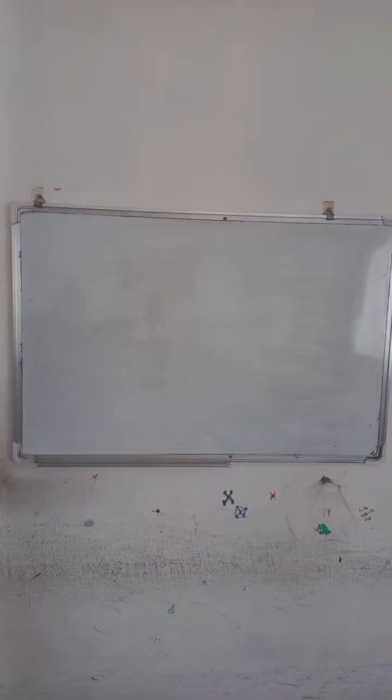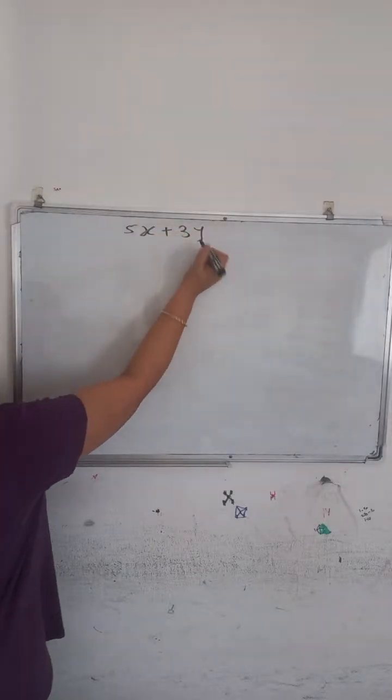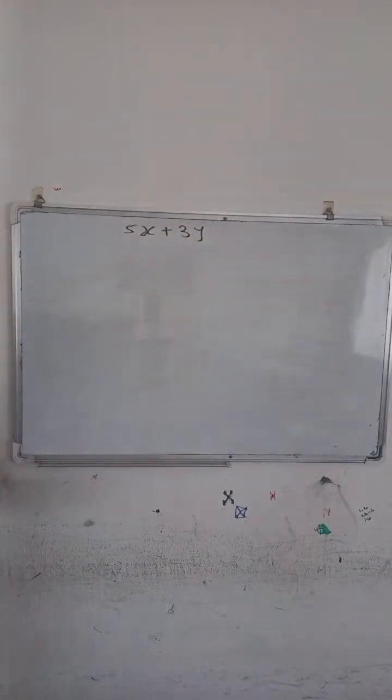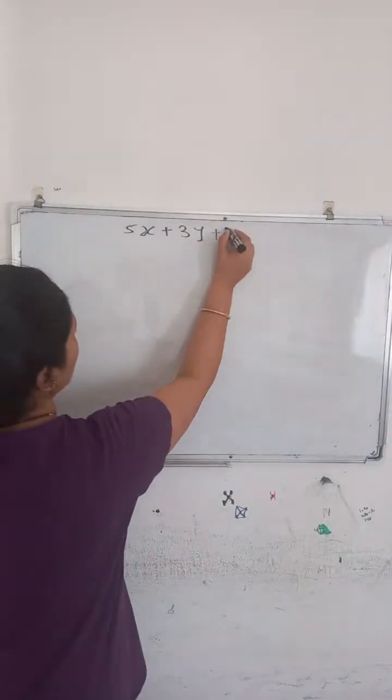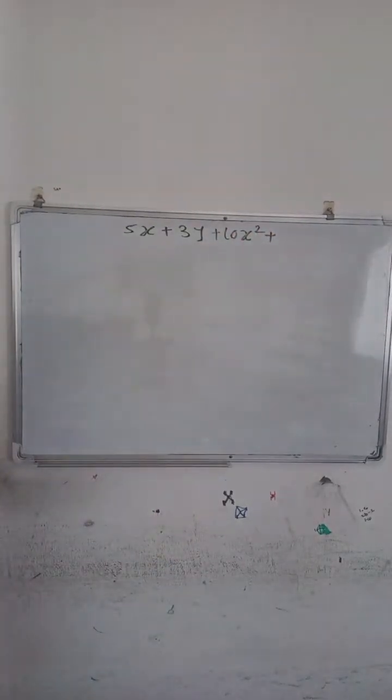So here the first question is to factorize 5x plus 3y plus 10x square plus 6xy.